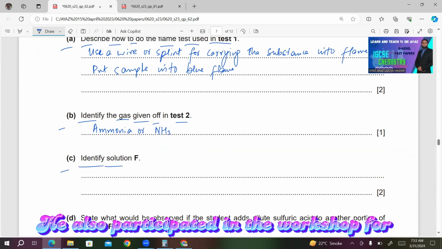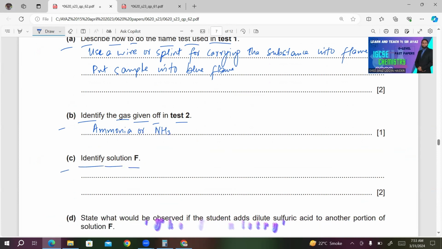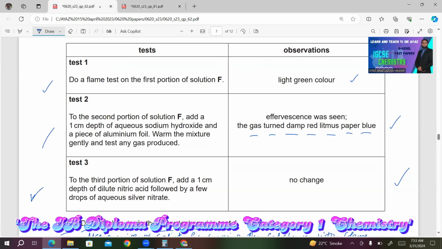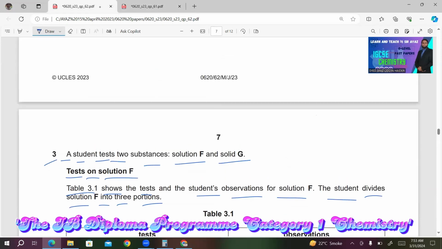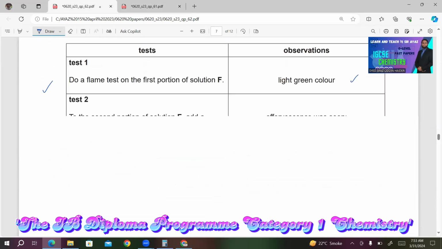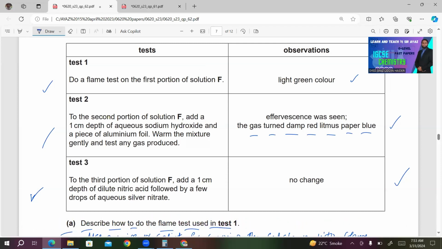C. Identify solution F. Now, how can you identify the solution F? If you look at the test, in test 2, they are using aqueous sodium hydroxide and a piece of aluminum foil.